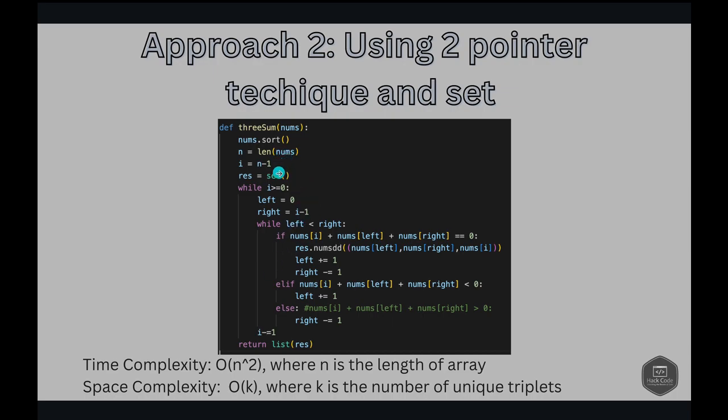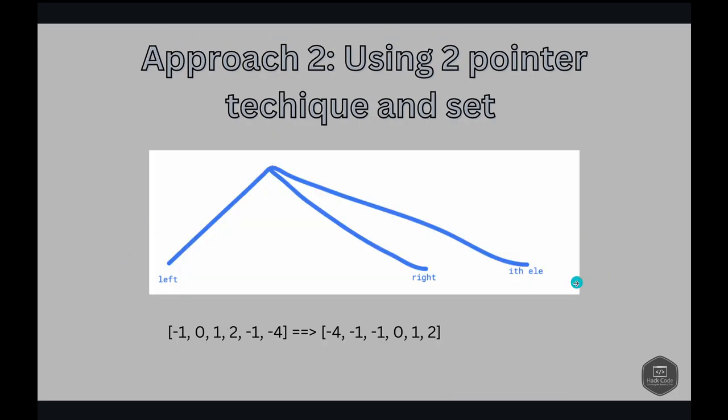So let's go over the approach here. First step, we sort it, and then we keep i equal to n-1. For a given iteration, we keep i as a fixed point, like here, and n-1 is the length of the array minus 1, that is the n-1 position.